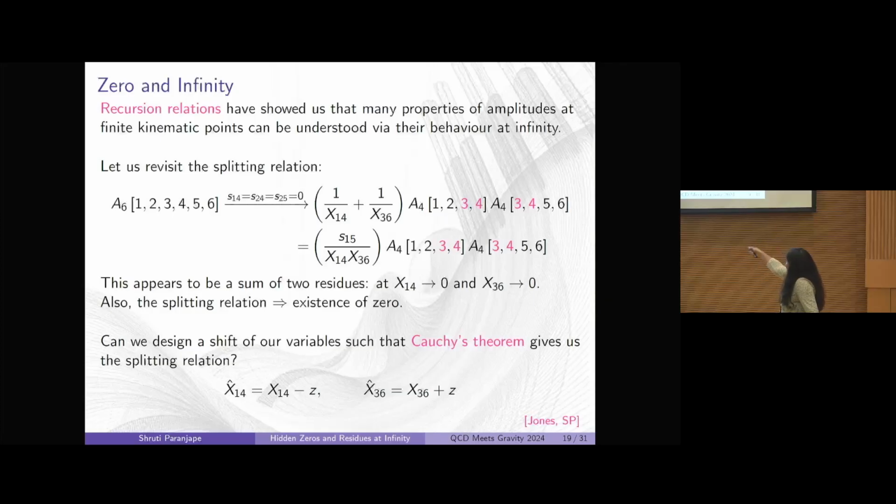Good. So we want to use Cauchy's theorem, and for that we introduce this shift over here of x14 and x36, which are precisely the two x's that show up in our splitting relation. Now the x's are fully consistent. They already solve momentum conservation, so I don't have to do anything more in principle. But I do want to do something more because I want to make sure that I am on this near zero kinematics.